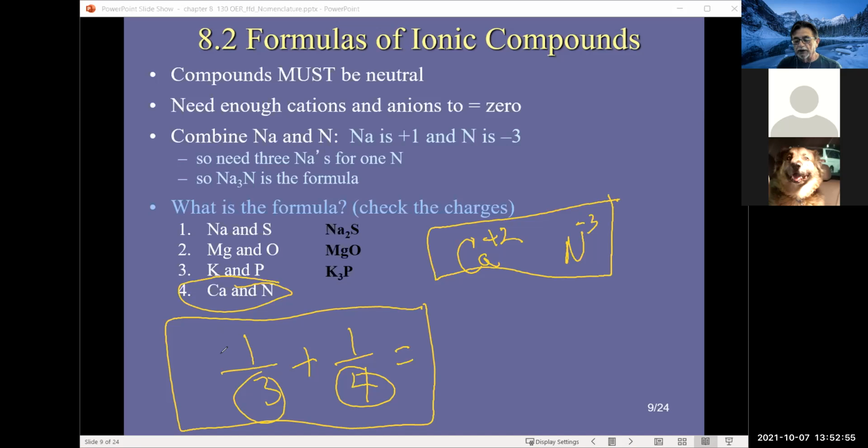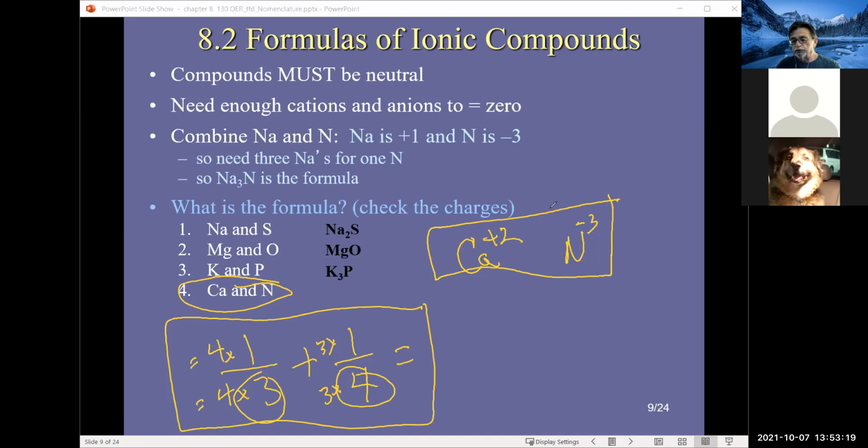And so we could multiply this one by, say, 4, to give me a common number of 12, wouldn't it? And if this one I multiply by 3 to give me a common number, right? So now I can add that up.